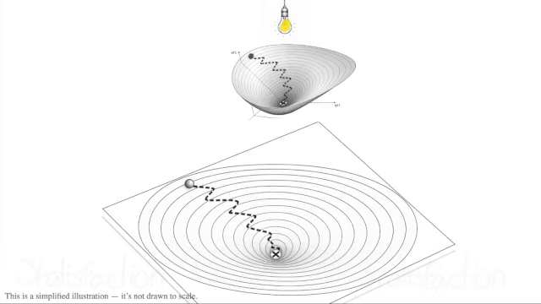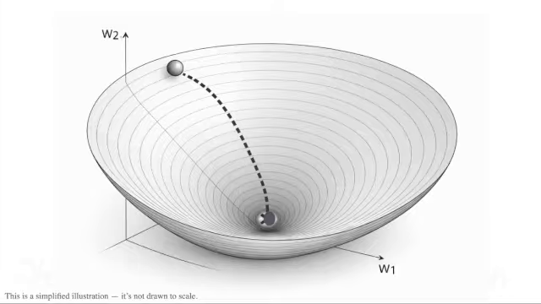When we view this same surface in 2 dimensions, that imbalance shows up as a zigzag optimization path, even though the learning rate stays the same. When we normalize the features, they all operate on the same scale. This makes the loss surface more symmetric, so the optimizer sees similar curvature in every direction. As a result, optimization follows a smoother, more direct path toward the minimum.